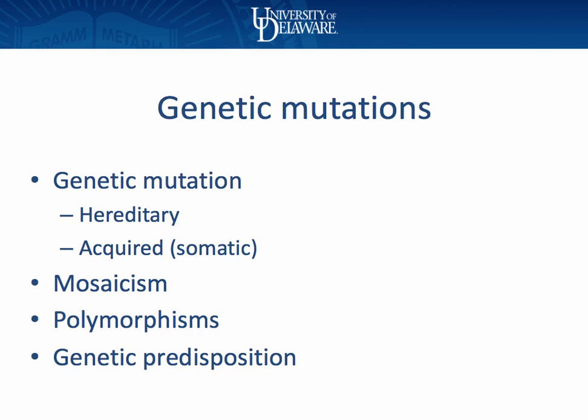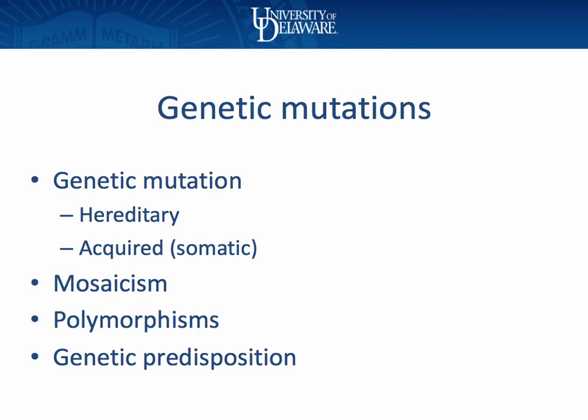Gene mutations can be classified in two major ways. Hereditary mutations are inherited from a parent and are present throughout a person's life in virtually every cell in the body. Acquired or somatic mutations occur at some time during a person's life and are present only in certain cells, not in every cell of the body.